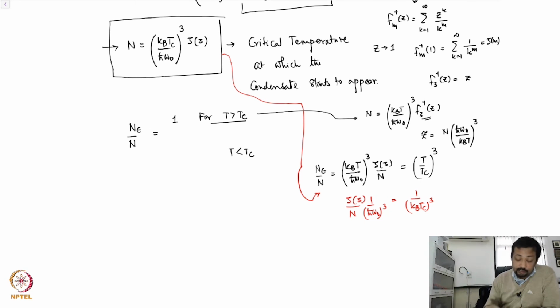Remarkably, you see this factor has now changed. For an ideal Bose gas, this factor was T by Tc raised to the power 3 half, but this is now T by Tc raised to the power 3, and this factor solely depends on the density of states.